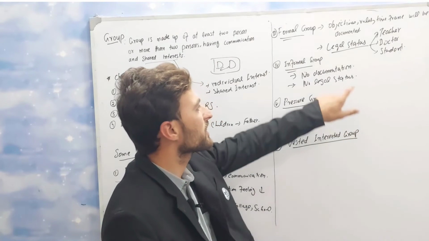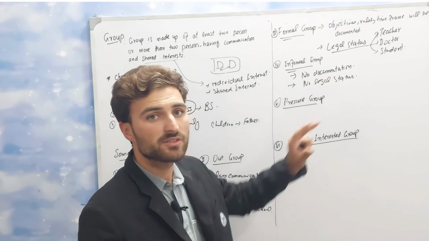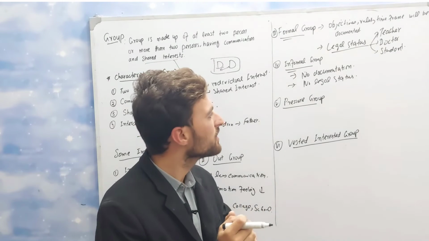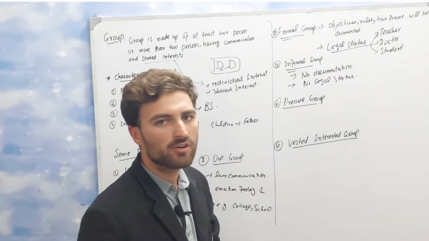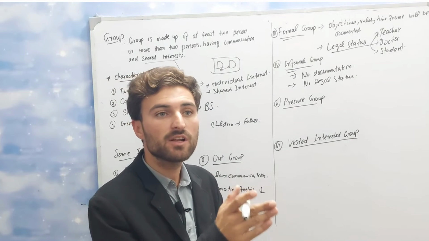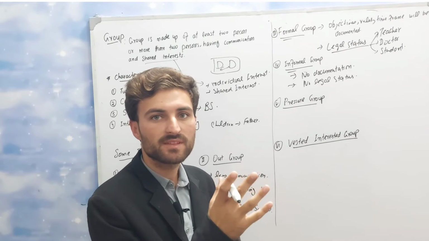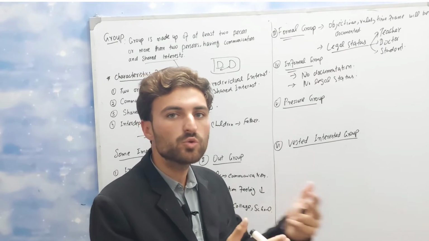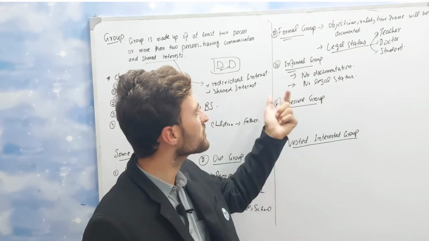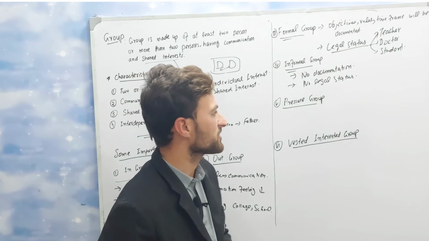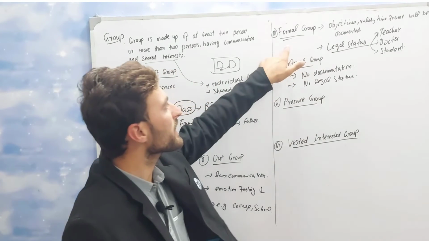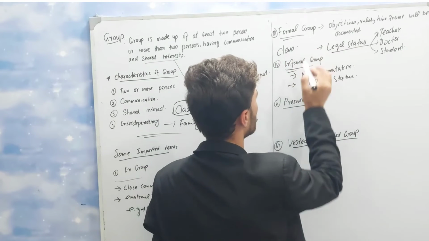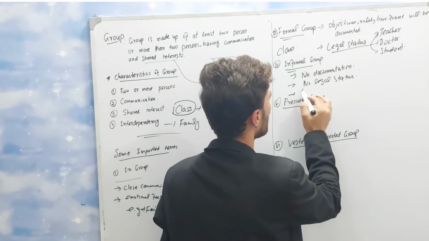It means that, as we have discussed, they have status on the basis of their rules and regulations. So here there is no kind of legal status by which they have to do a specific function. There is no concept of such things. Here we can give the example of class or college, and here we can give the example of family.